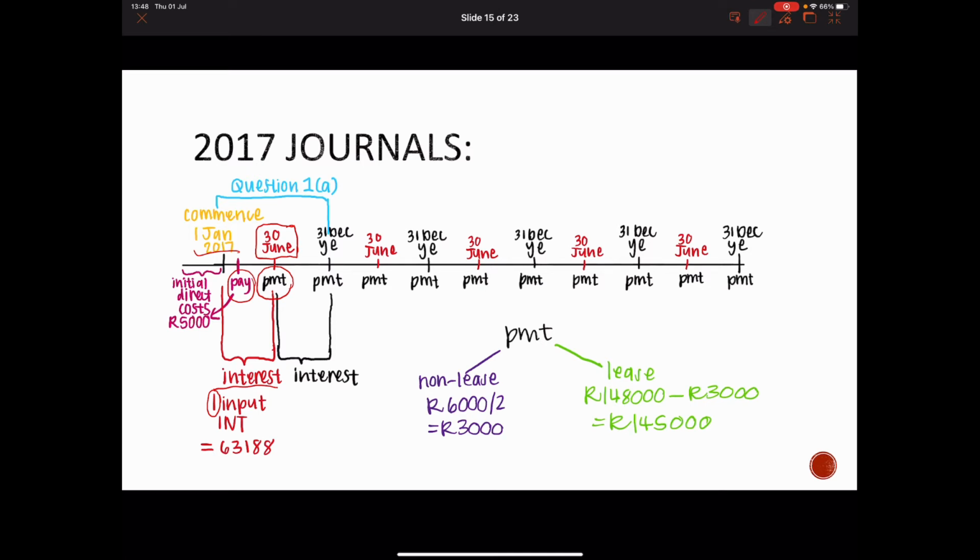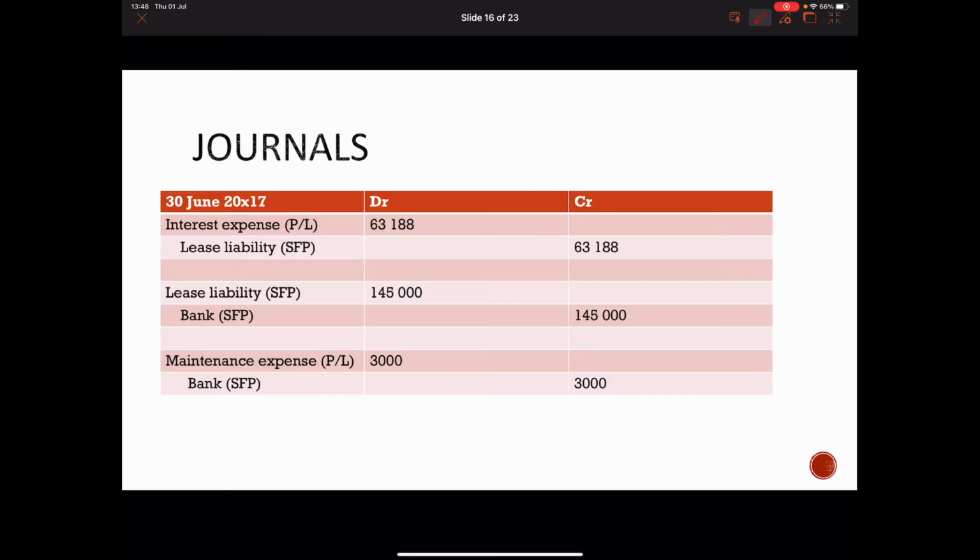So you work in periods of 6 months. So 1 input interest is then equal to interest of 63,188, and that is why you do the following journal entry. You have debit interest expense and credit lease liability, because the interest expense increases your lease liability.